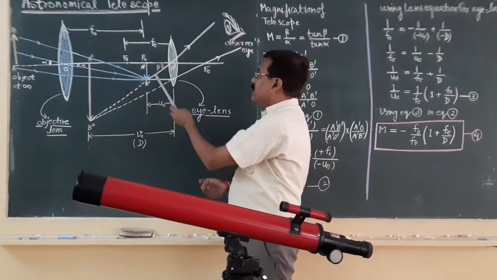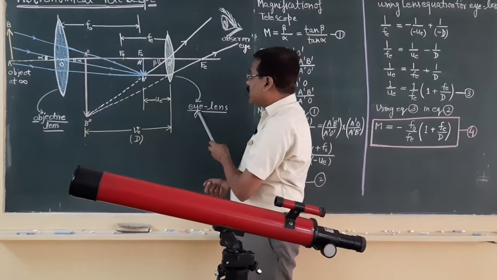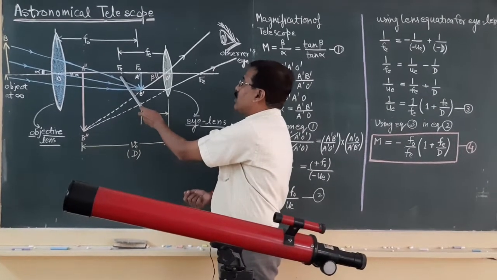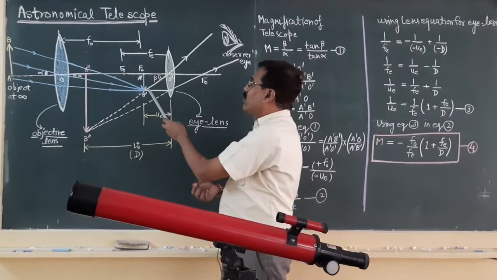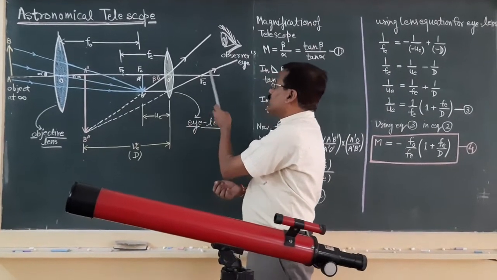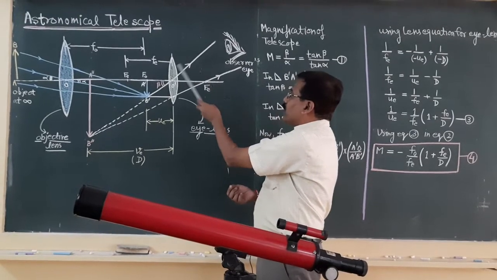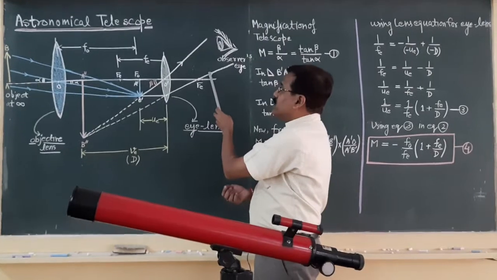And you see in this case the image A'B', which acts as the object for the eye lens, lies between the focus of the eye lens and the optical center. So how will the image be formed? The light ray passing through the focus and the light ray passing through the optical center, coming from this image A'B', cannot intersect each other.